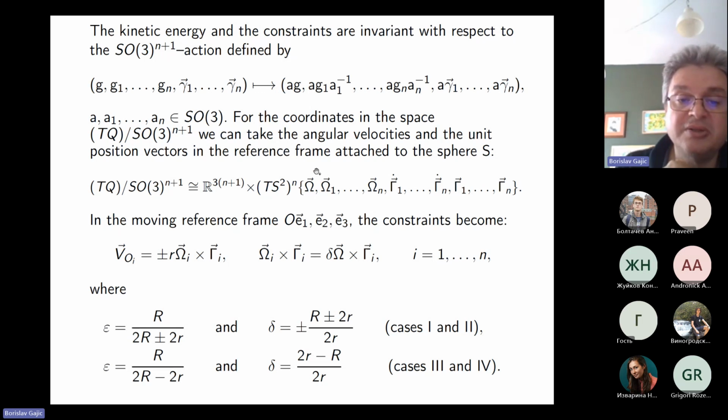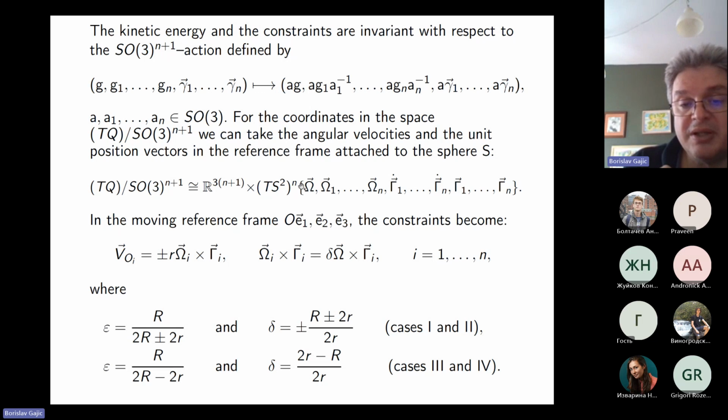After this reduction, it can be proved that this space is of this form. So we obtain all objects considering a moving reference frame.